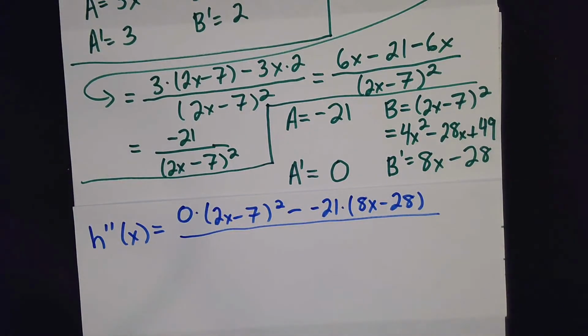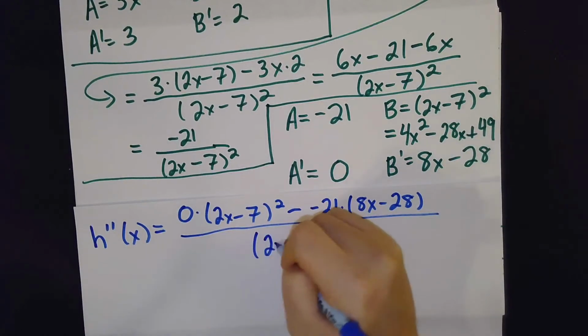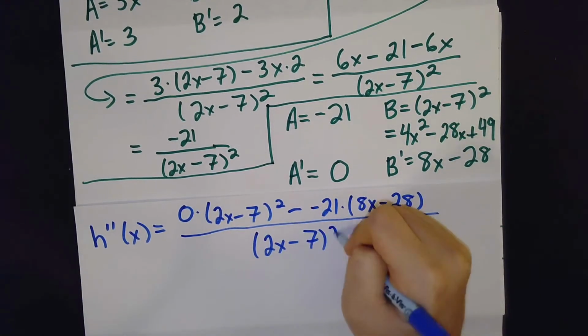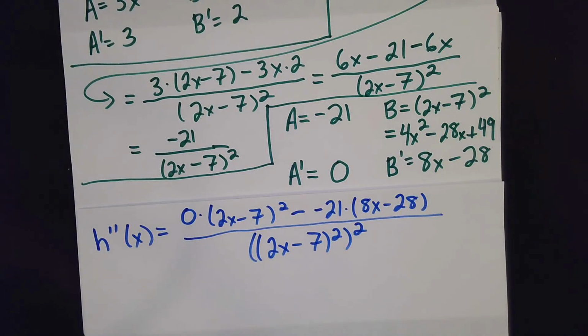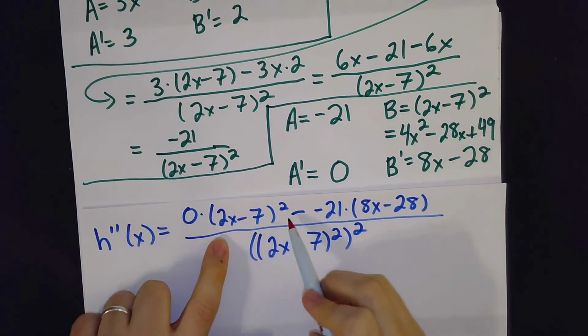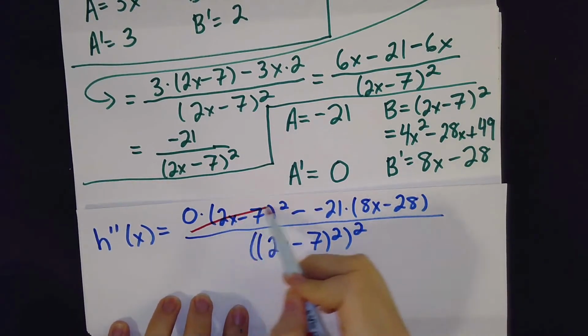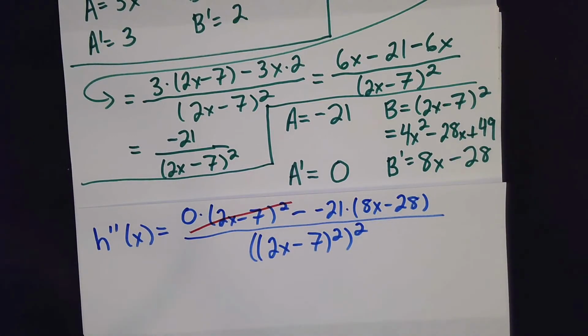And this will all be divided by b squared, which is ((2x minus 7) squared) squared. Now, important to notice that because this is 0 times (2x minus 7) squared, this whole term just disappears. Because 0 times anything is 0. It doesn't matter how complicated or messy the anything is.